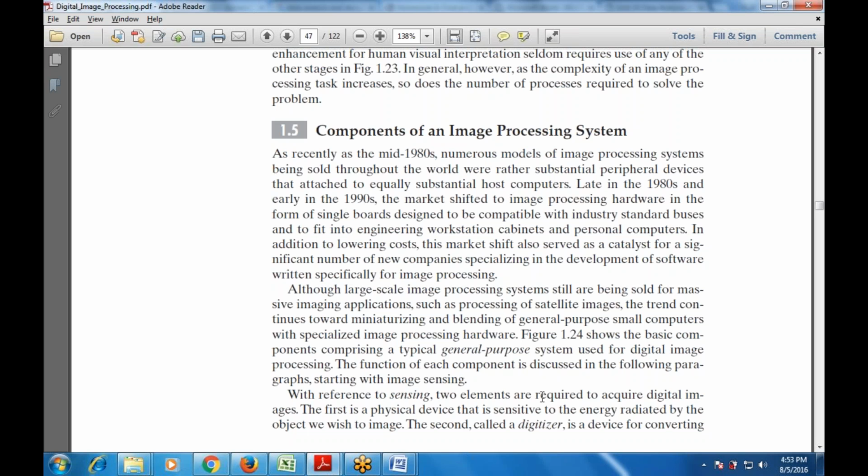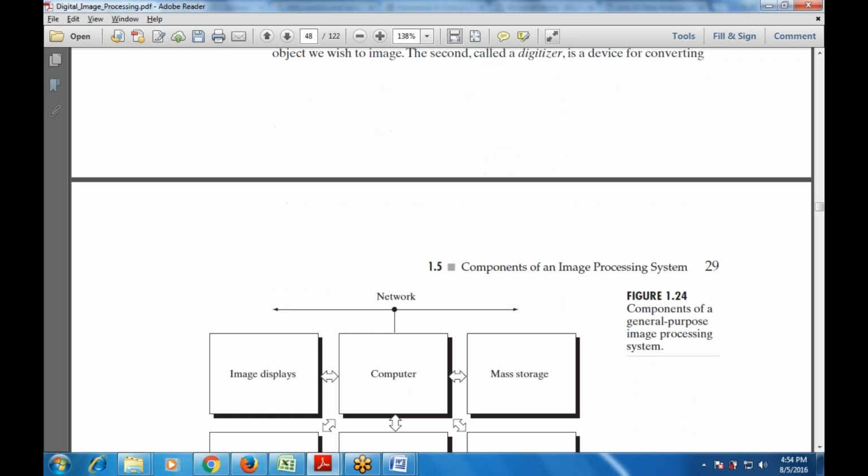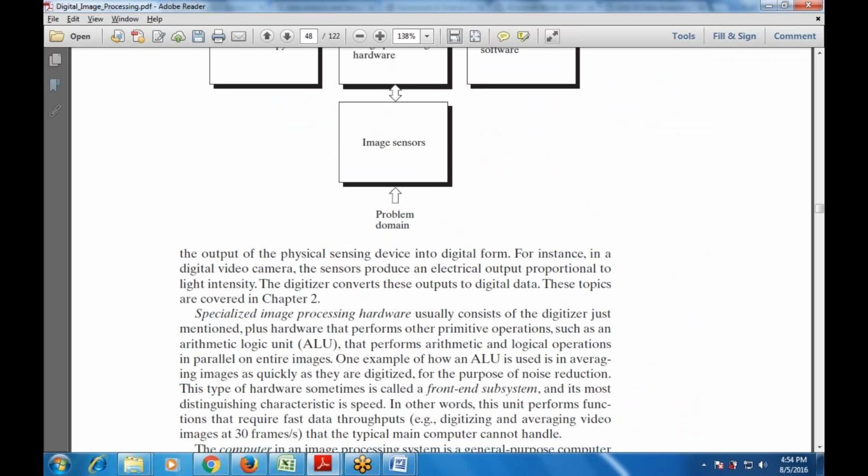Two elements are required to acquire digital images. The first is a physical device that is sensitive to the energy radiation that we wish to capture. The second is a digitizer, a device for converting the output of the physical sensing device into digital form.